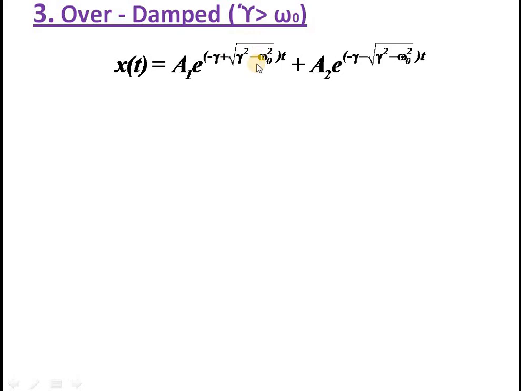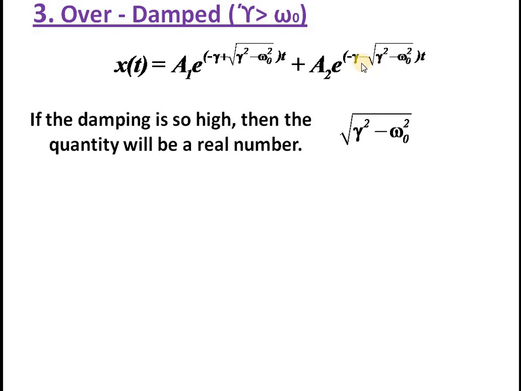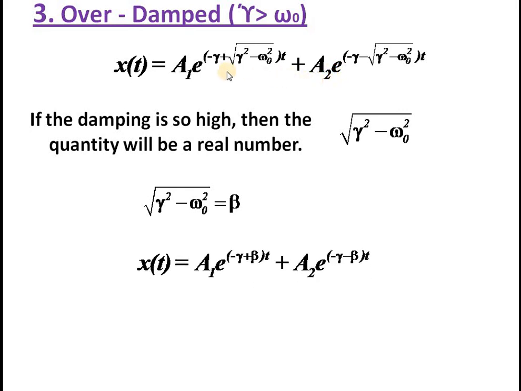So what happens? Both exponential terms will have a negative value. That physically means that since both are exponentially negative, both factors will lead to a sudden decrease in amplitude. Understand? Suppose you put the square root of gamma square minus omega 0 square equal to beta.